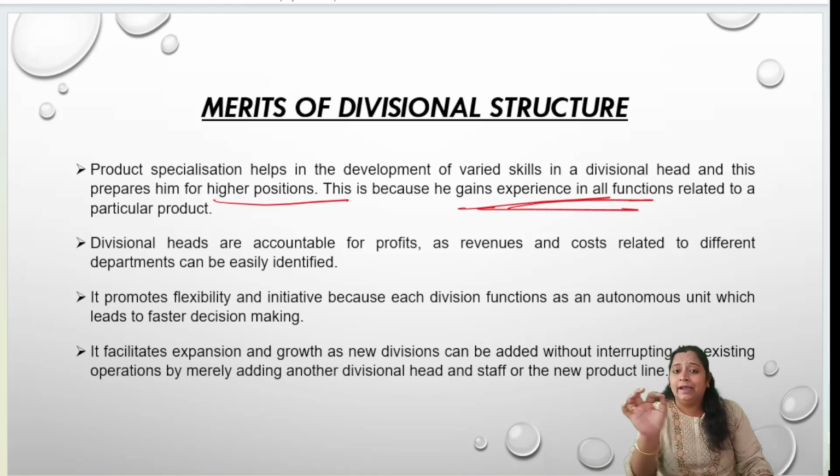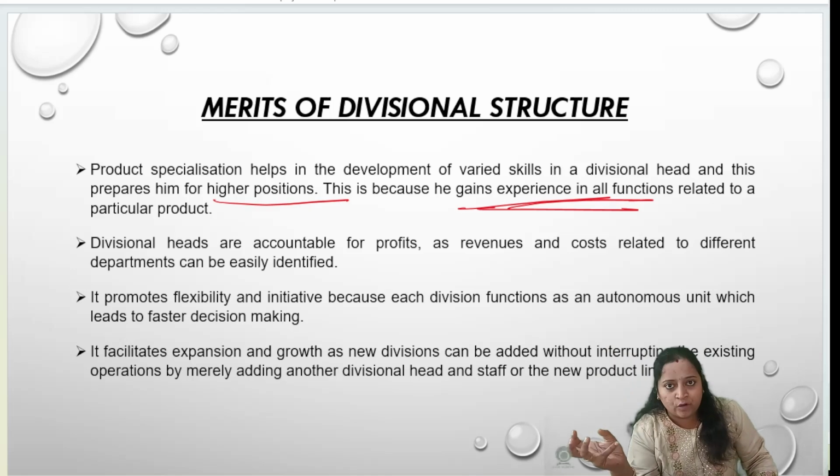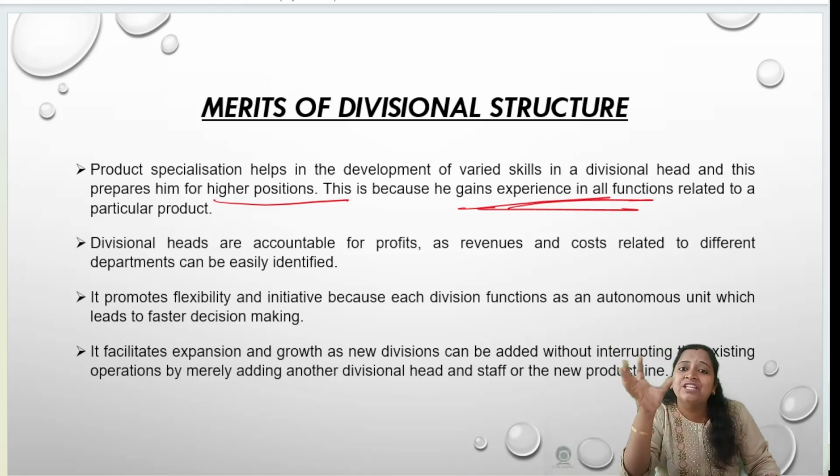Each divisional head is responsible for the profits which they are going to earn in their division. See, that divisional head will be responsible for all the profits earned in their particular division. So it will help the organization to clearly know which division is earning more profit. How was the performance of each division in that particular organization?